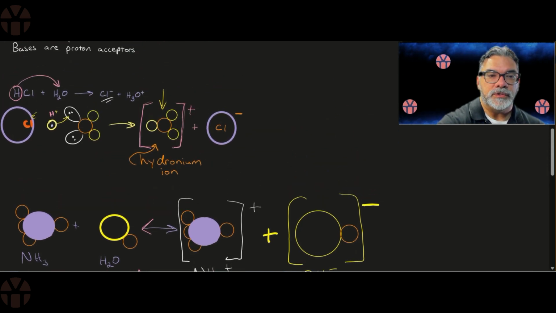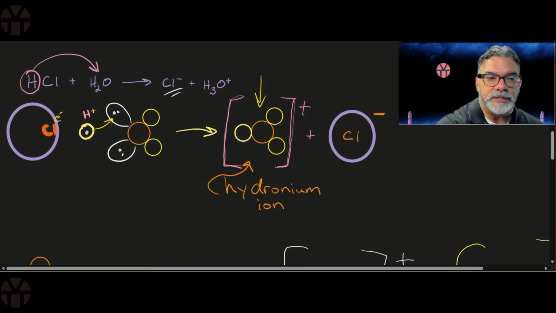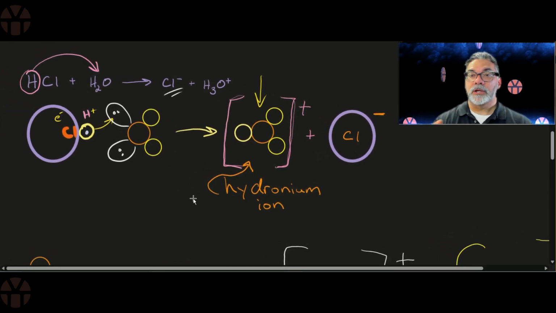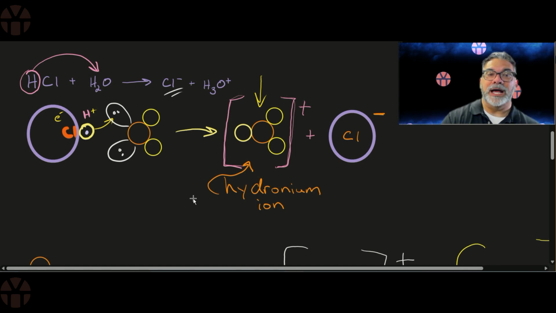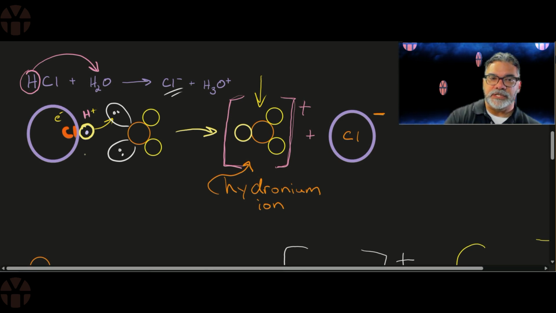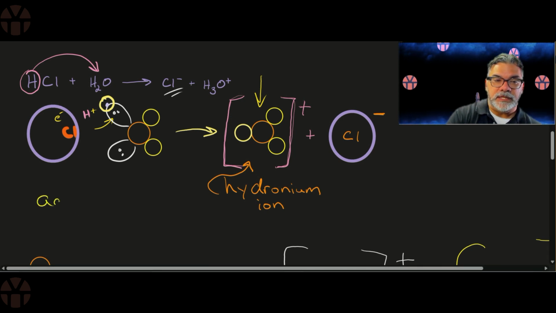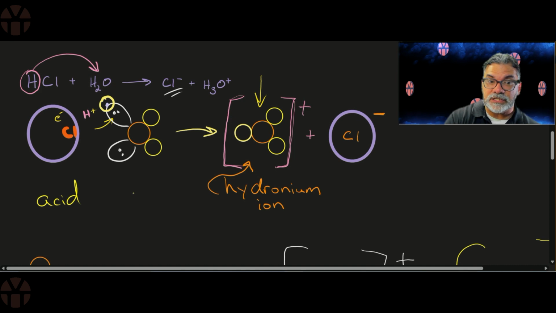Likewise, we can do a similar thing when we look at this problem here, and say, hey, it looks like originally I had my hydrogen attached to the hydrochloric acid, HCl, and it was donated. In other words, this guy went bloop, bloop, and it was attached to one of these lone pairs there. So in doing so, the HCl was obviously the acid, and in this case, the water was the base.